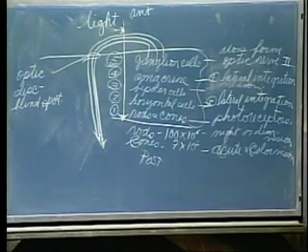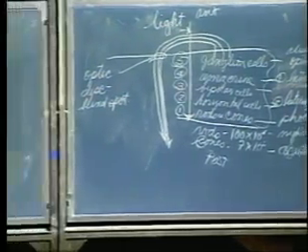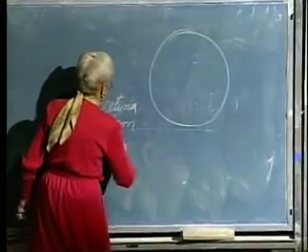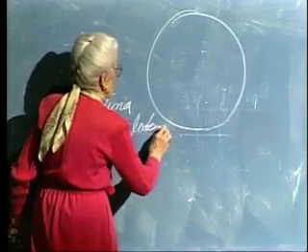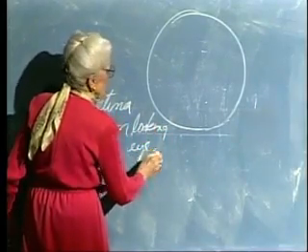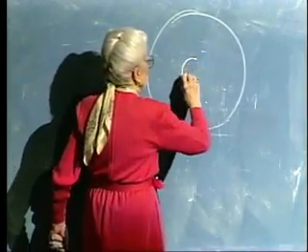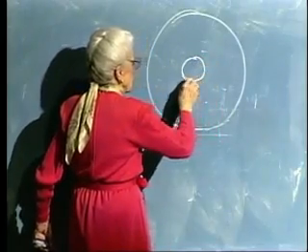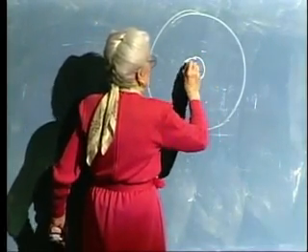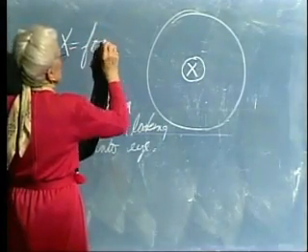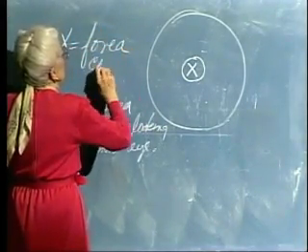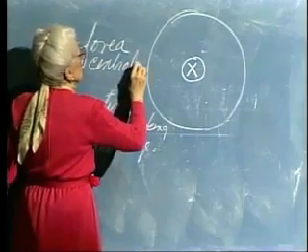This is retina, looking into the eye, and we'll see in the center of the retina an area called the fovea centralis.